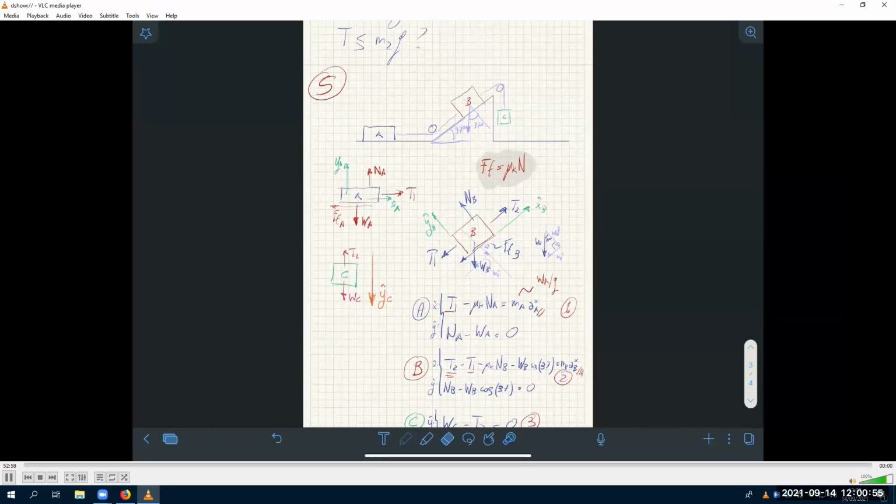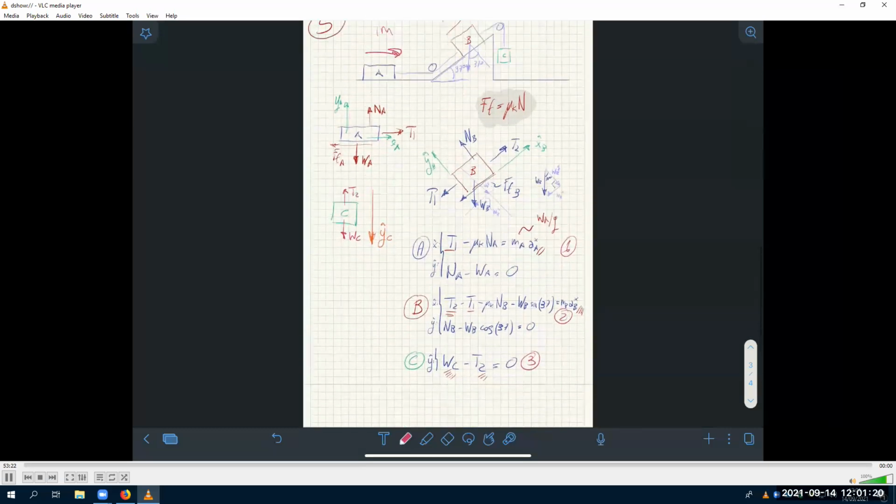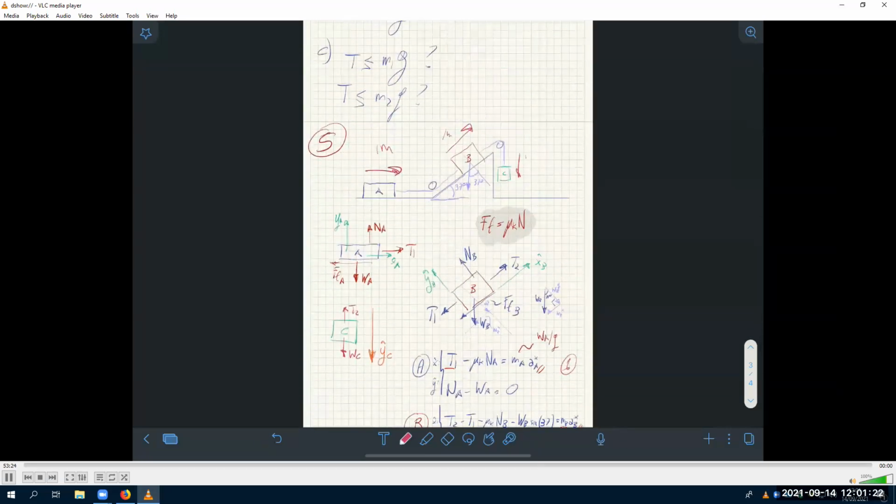If I move A along its positive x-axis 1 meter, what happens to B? Well, it moves up 1 meter, but along its own x-axis. All right, good. And what happens if I move B 1 meter along its own x-axis? Well, C moves down 1 meter along its own y-axis.